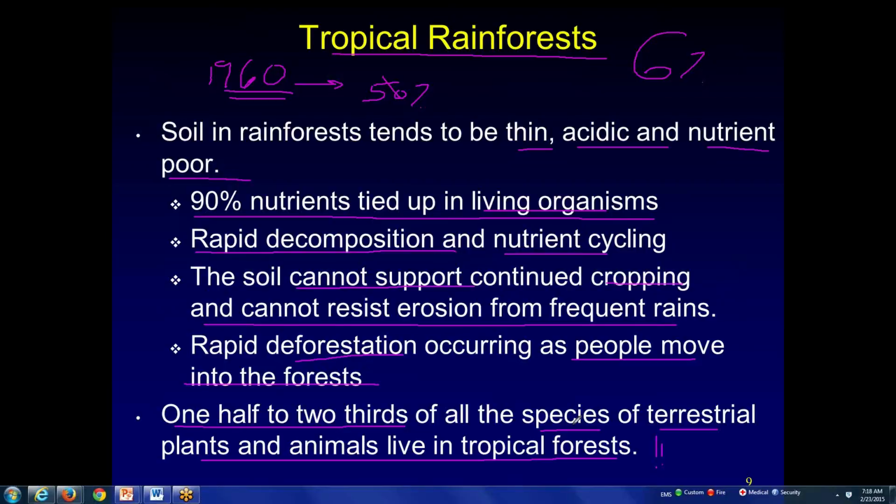So we believe that there are probably some plants out there that might hold something like a cure for cancer. And so one of the reasons we want to protect tropical rainforests is because we are trying to protect what could become a very crucial organism that may have a great impact on human health. And so there's a lot of potential here.